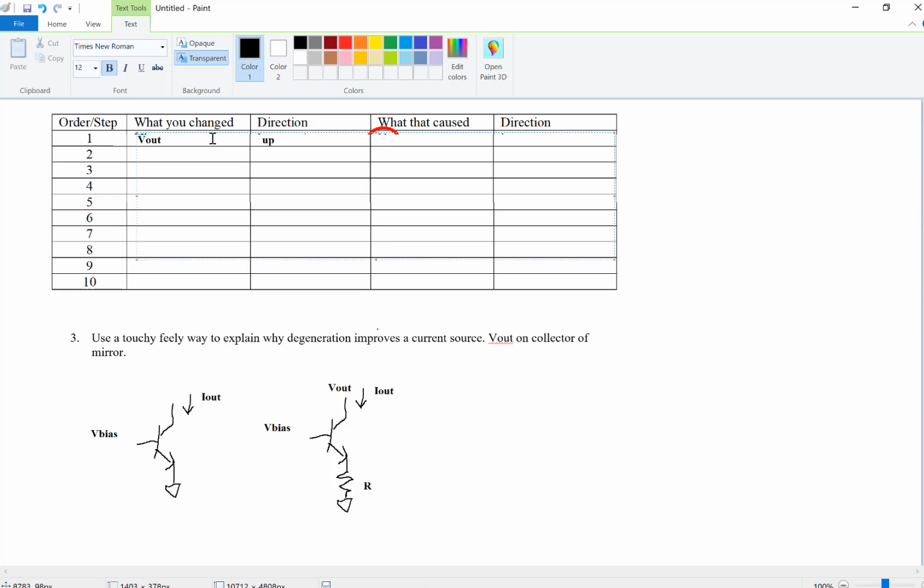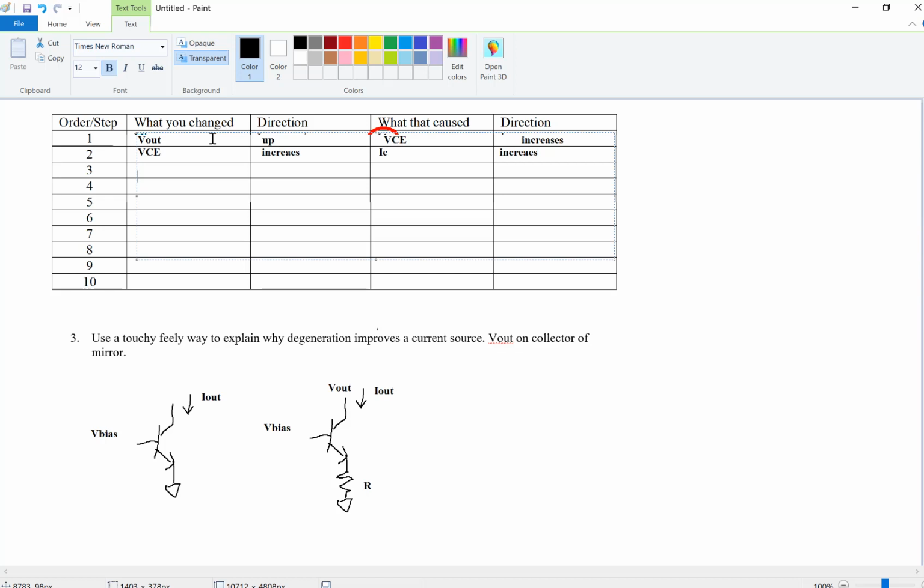If you move V out up and nothing else changes, then VCE increases. And if VCE increases, then IC increases due to base width modulation.